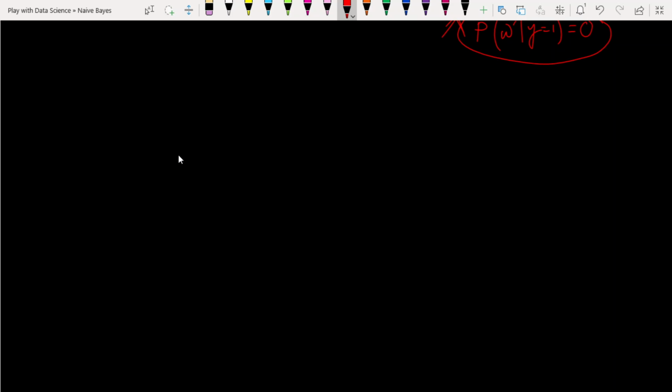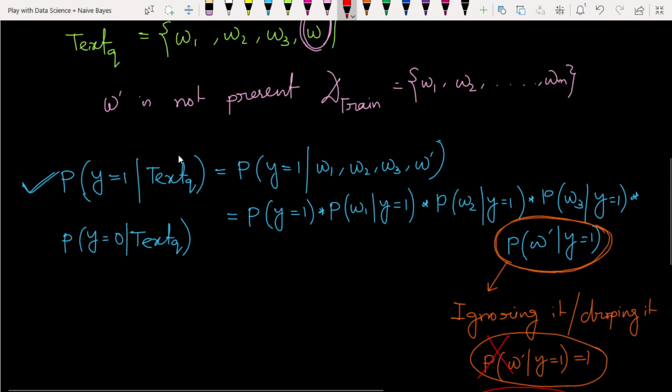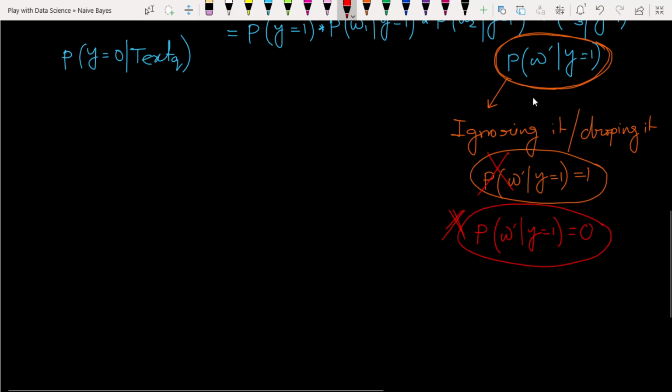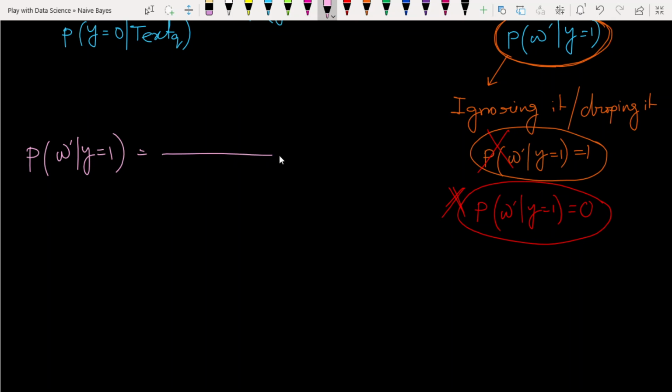So let's write the probability. The probability of w dash given y equals 1 means, using the definition of conditional probability, in the denominator the probability of y equals 1, and in the numerator the probability of w dash and y equals 1.